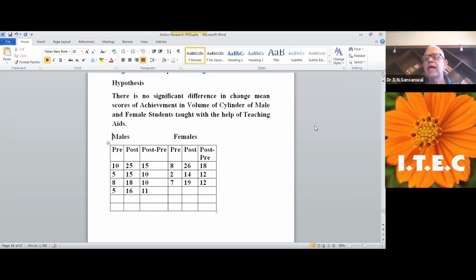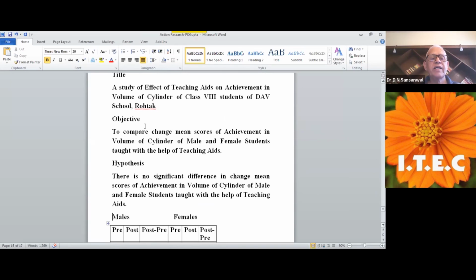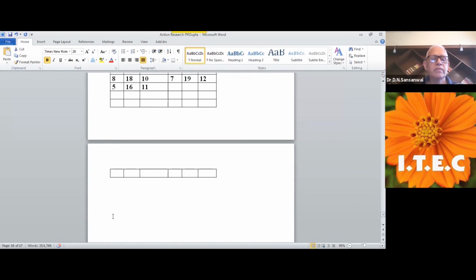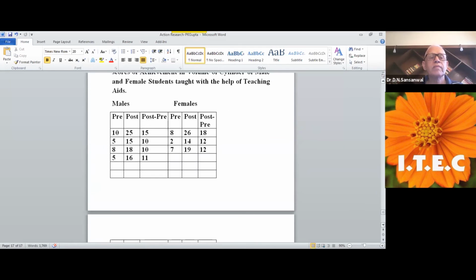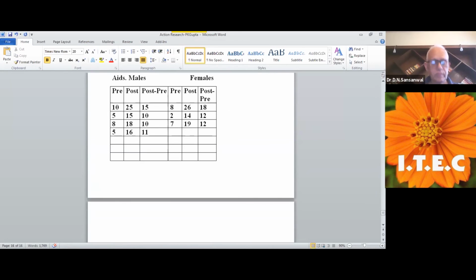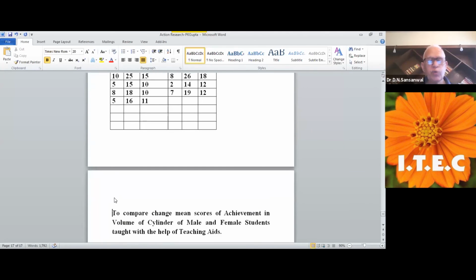So now I'm taking this objective. Now this is objective. Let us see how do we write.